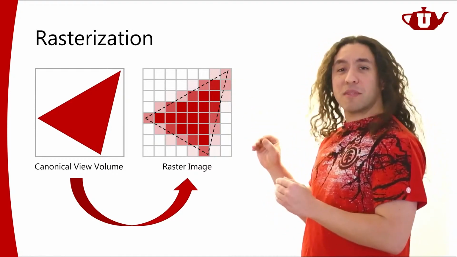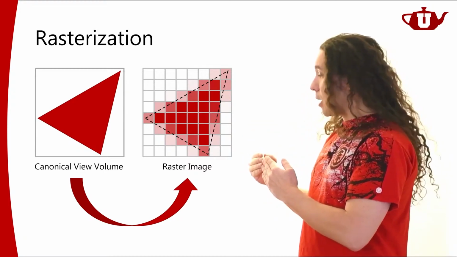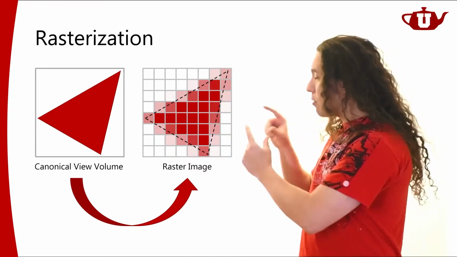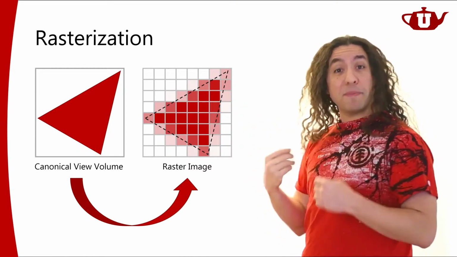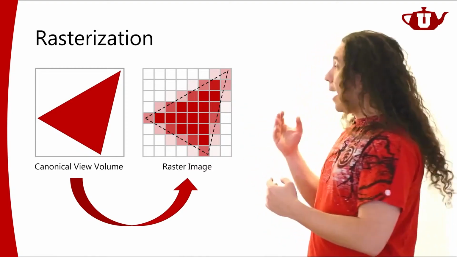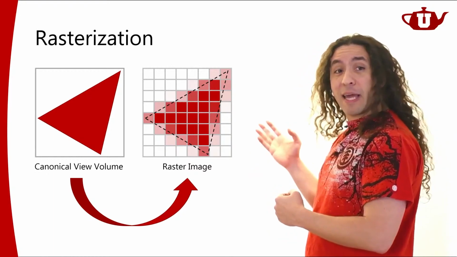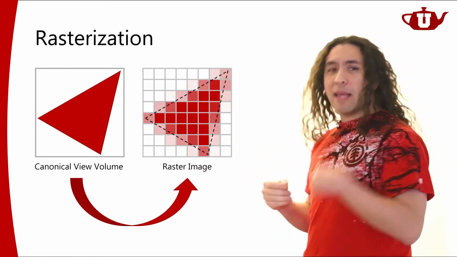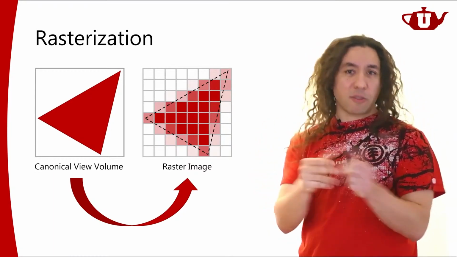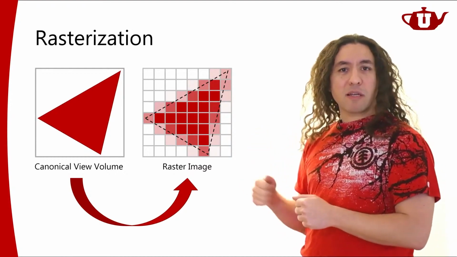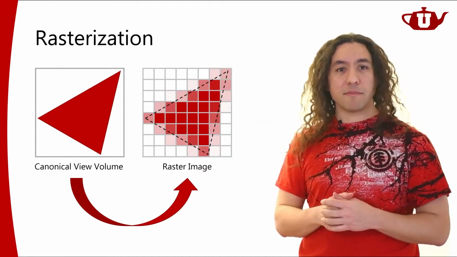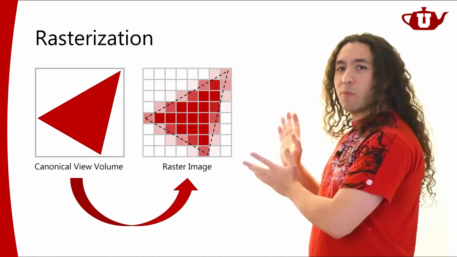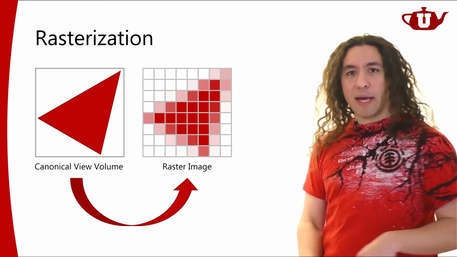So the portion of the pixel area that's covered by the triangle will be colored by the color of the triangle, and the rest of the pixel is going to take its color from the background, and the combined pixel color is going to be just one color, right? The combined pixel color is going to be a mixture of the triangle color and the background color, which is white in this case. All right, so this is what an anti-aliased image would look like.